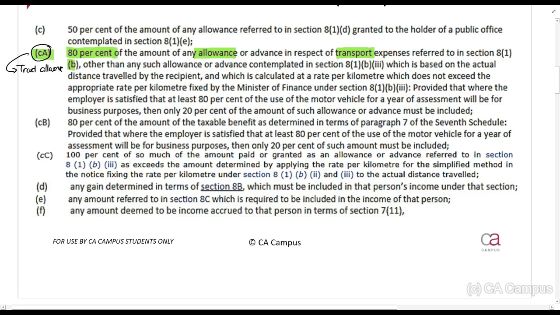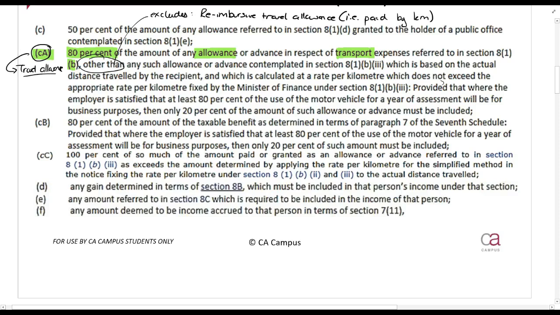But it excludes, this "other than" means it excludes a reimbursive travel allowance, i.e. paid by kilometer. Okay, so just up to there.